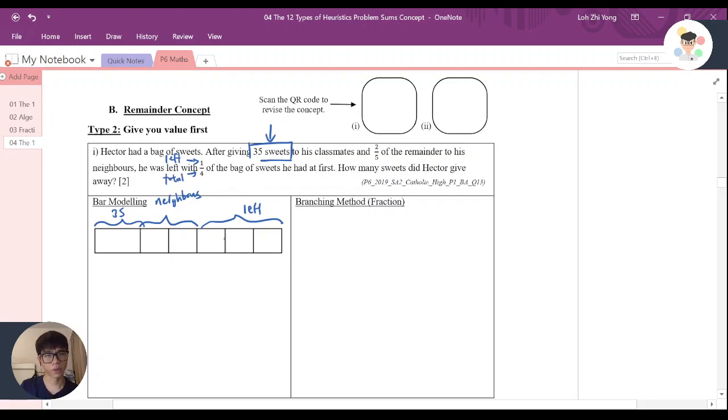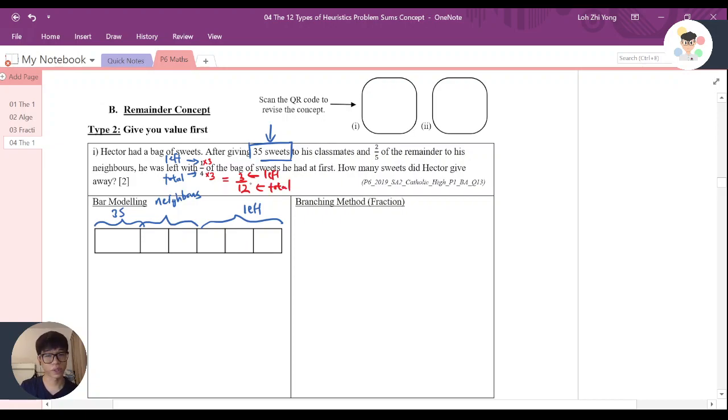But now what I have here is 3 units left, but what I have here is 1 unit left. 1/4, right? 1 unit left. So the same thing, we need to make it the same. So for 1/4, I should times 3 here, I should times 3 here. So it should be 3/12, whereas this 3 means left, this 12 means total.